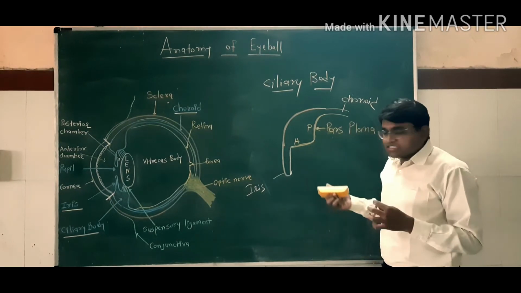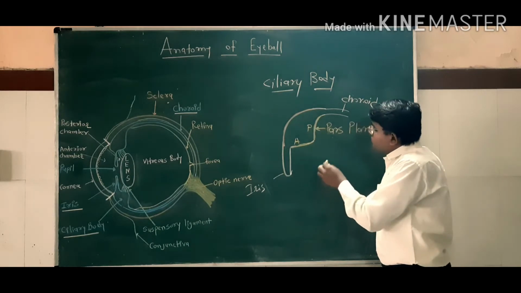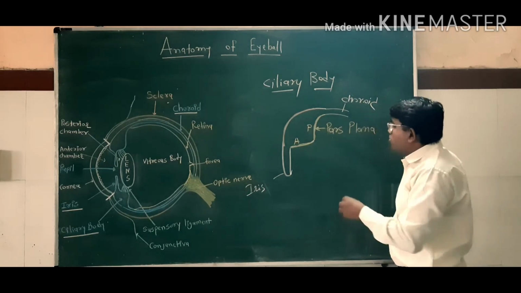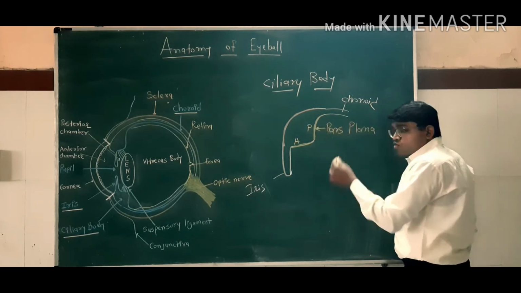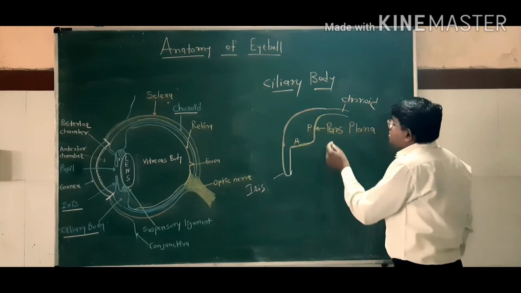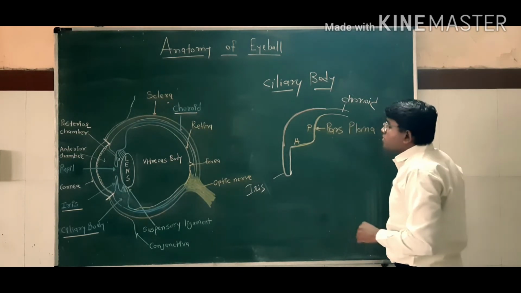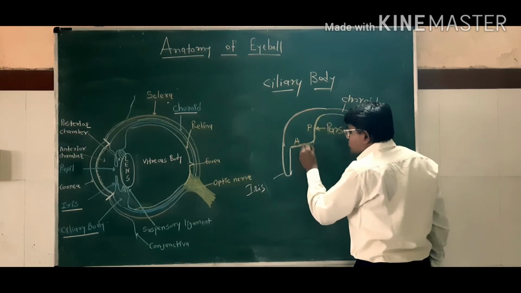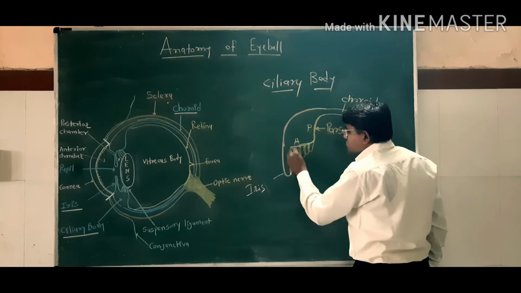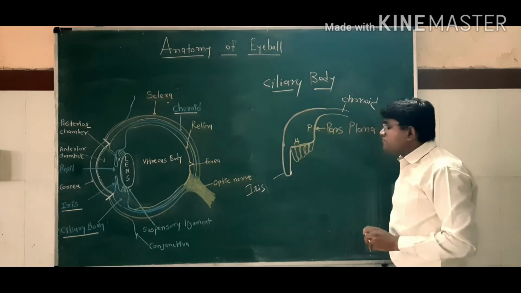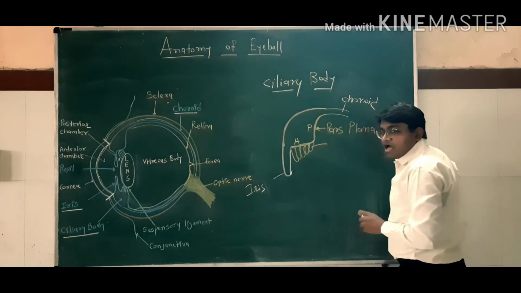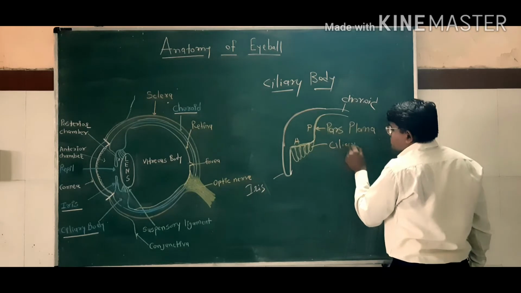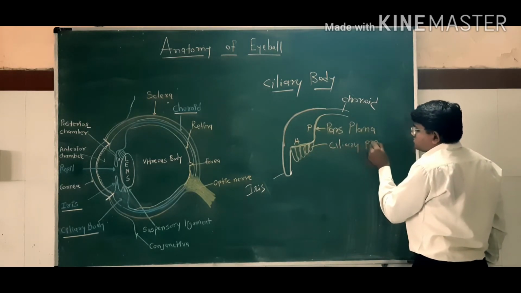Okay, we are discussing the vitreal surface, which further has two parts, the posterior and the anterior. The posterior part is smooth and black in color, and is known as the pars plana. Whereas in its anterior part, there are finger-like projections, and these are known as ciliary processes.